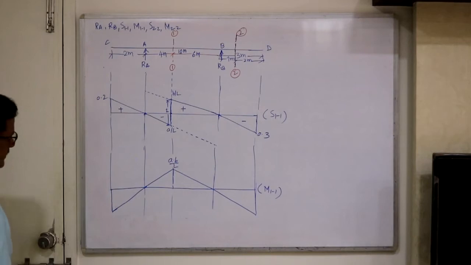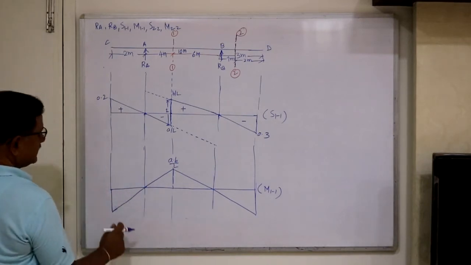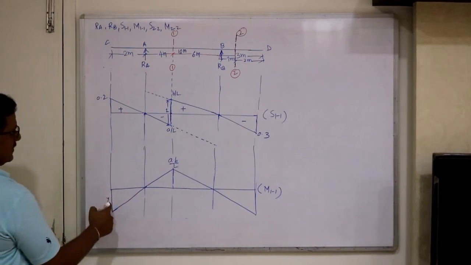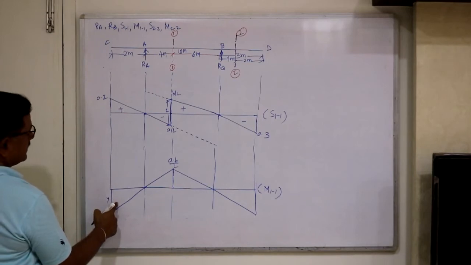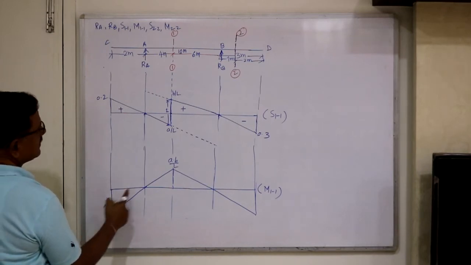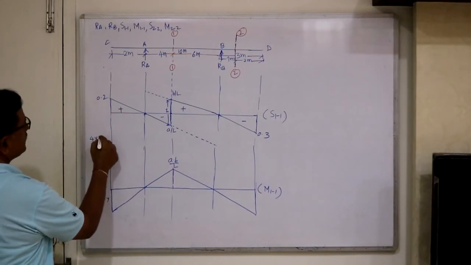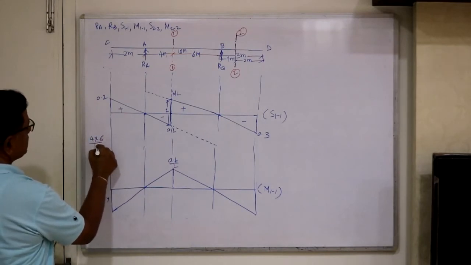Say we can use this one and this one. Say this is Y. Say this height, AB by L means we can find out this 4 into 6 divided by 10.